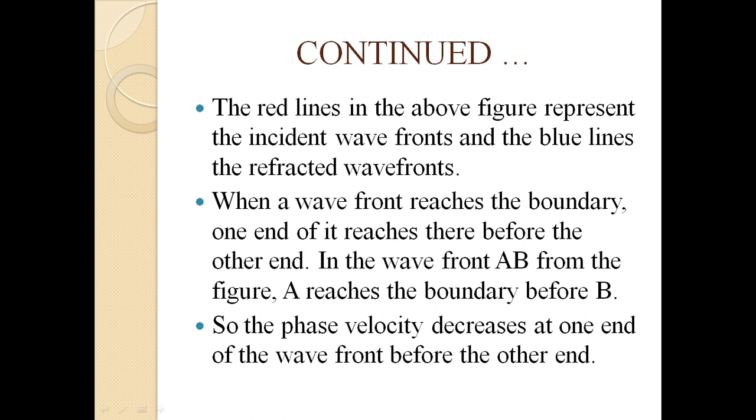When a wavefront reaches the boundary, one end of it reaches there before the other end. In the above figure, when the wavefront AB reaches the boundary, the point A reaches first. So the phase velocity decreases at one end of the wavefront before the other end.